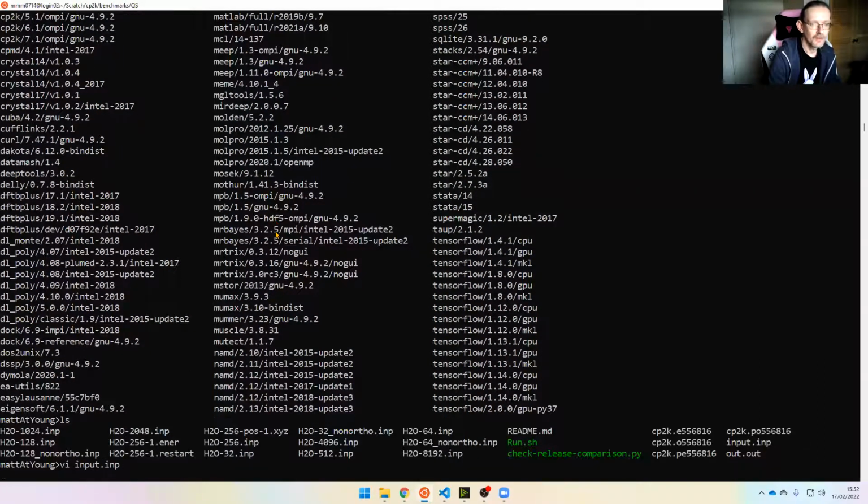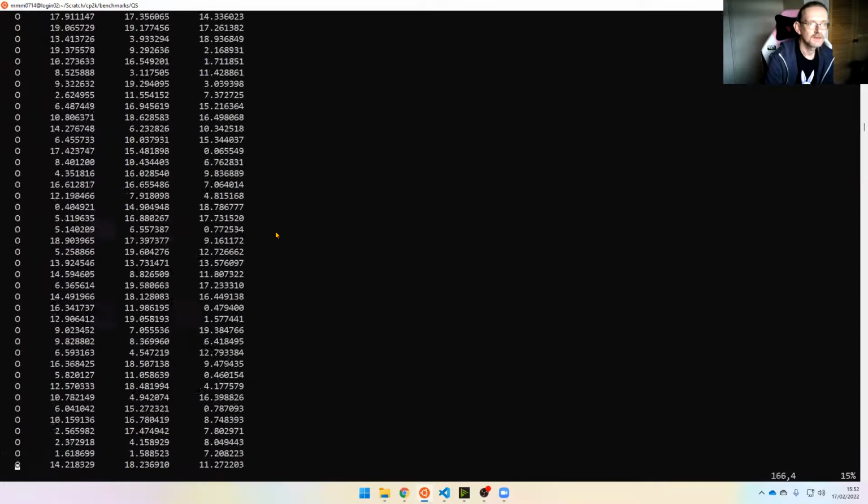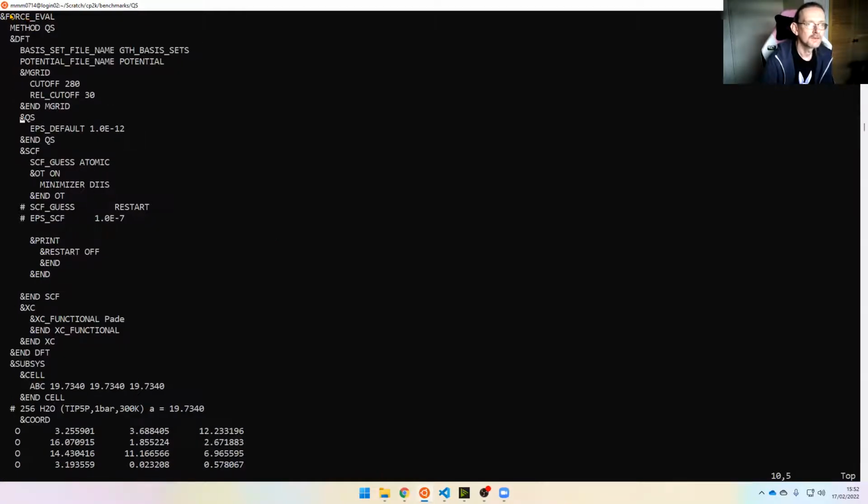If we look at an input file, it's essentially these sort of nested input sections. So there's a force evaluation section, there's a motion section, and there's a global section.